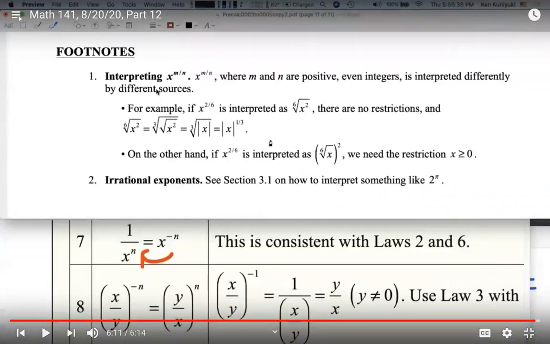Oh, you mean this one here, like x to the 2/6? Yeah, that's interesting. In fact, I talked with the pre-calc author Ron Larson about this. What's the domain for this? Well, if you read it as doing the square first and then the 6th root, then you're all good, because as long as x is real, x squared is never negative.